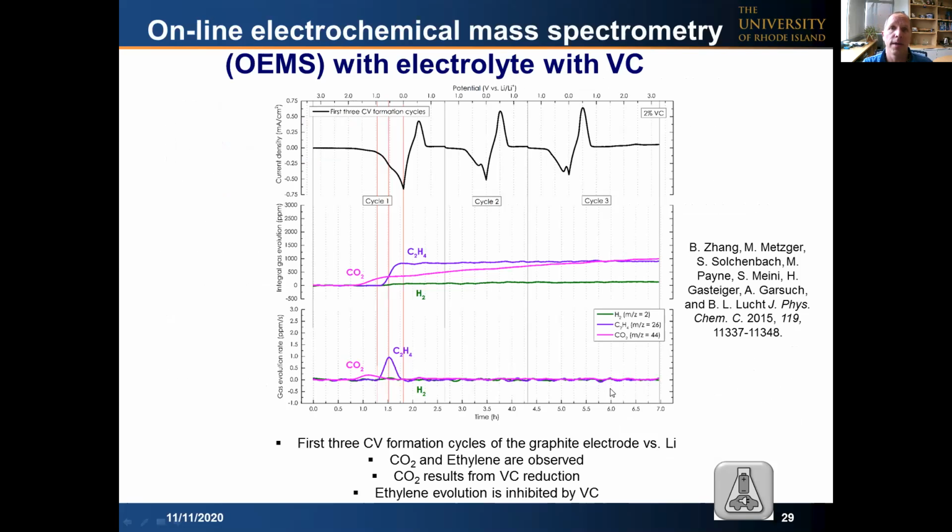So if we go back and do the OEMS analysis in collaboration with Hubert Gasteiger at TU Munich, what we observe is a significant reduction in ethylene generation for this electrolyte with VC, and we also start to see carbon dioxide for the first time. With the standard EC-based electrolytes, we do not observe any carbon dioxide. However, with VC, we see significant concentrations.